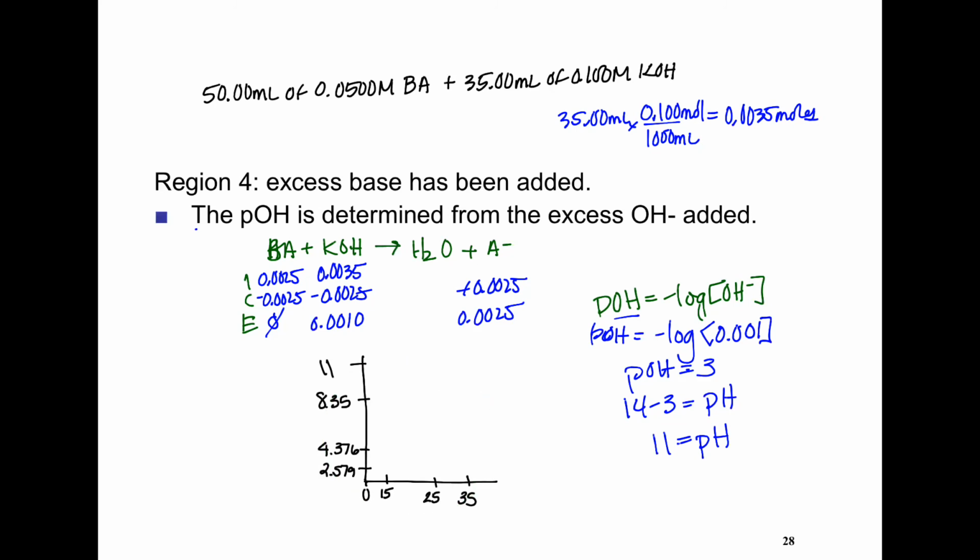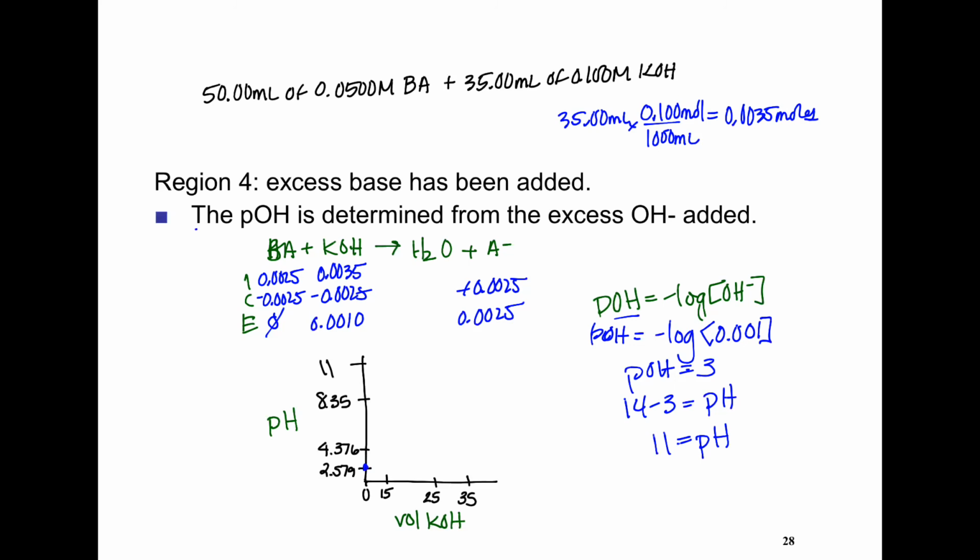And what I've done is on the pH axis, I've written in each of the pHs that we've calculated using each of our points. And on the bottom, I have put in the volumes of KOH. Okay. So we started off at 0 amount added and 2.59 pH.